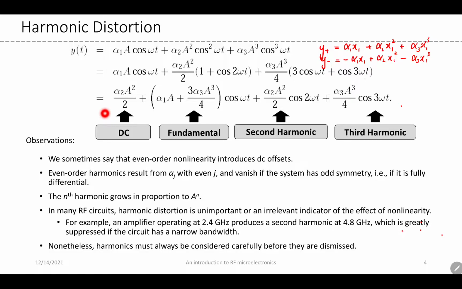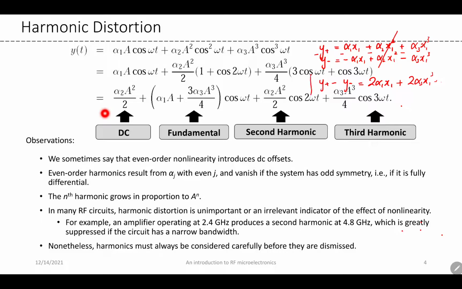Now when you subtract the two, you will have y plus minus y minus equals twice alpha 1 x1, and this cancels when you subtract the two, right? So this cancels and you'll have plus twice alpha 3 x1 cube, so on and so forth.